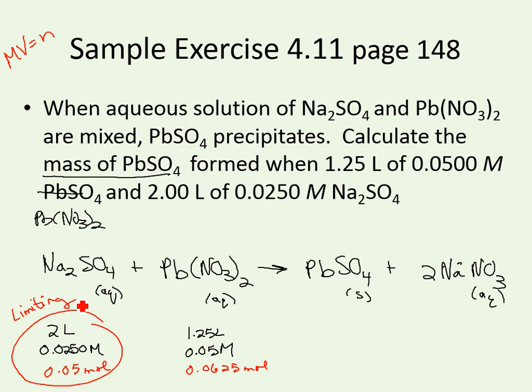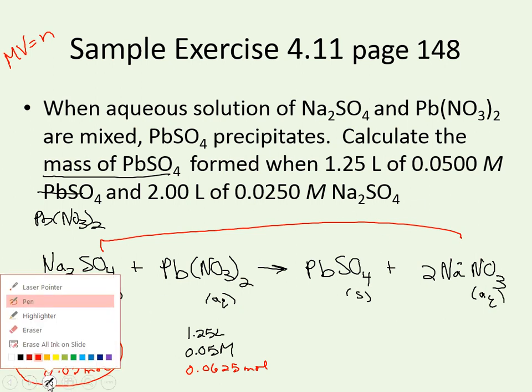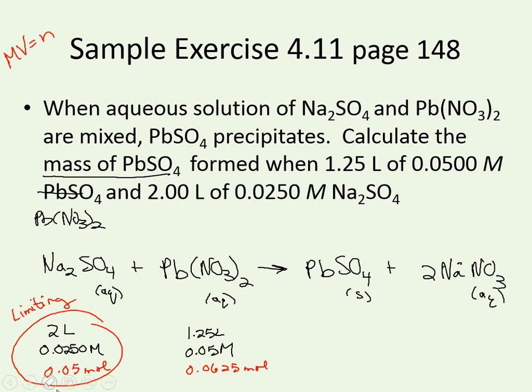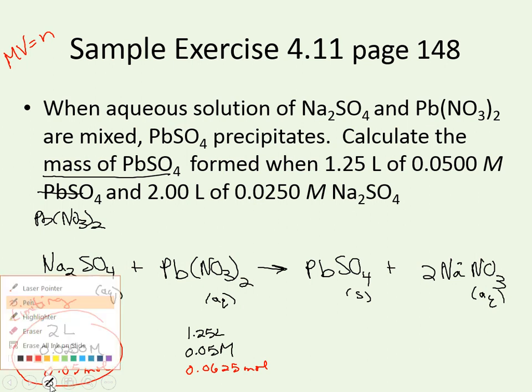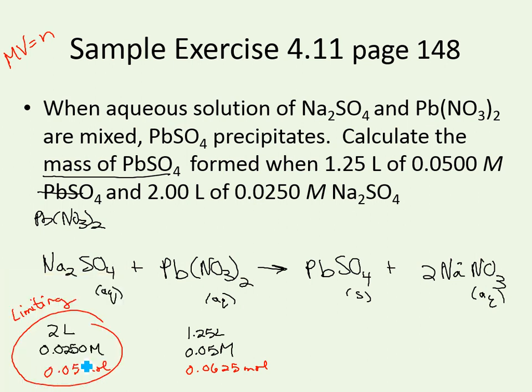So now, using the limiting reactant, we're going from our sodium sulfate to our mass in grams of lead 2 sulfate. So let's start with 0.05 moles of Na2SO4, which was our limiting.